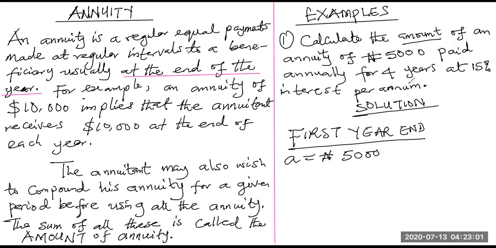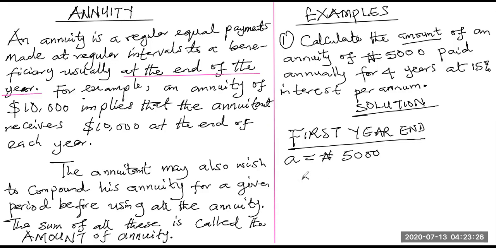Though it is for 4 years, because the annuity came at the end of the first year, that means the person did not invest this annuity in that first year. That first year is gone because this money came at the end. So 1 year is gone. So the person can only compound this annuity now for only 3 years.